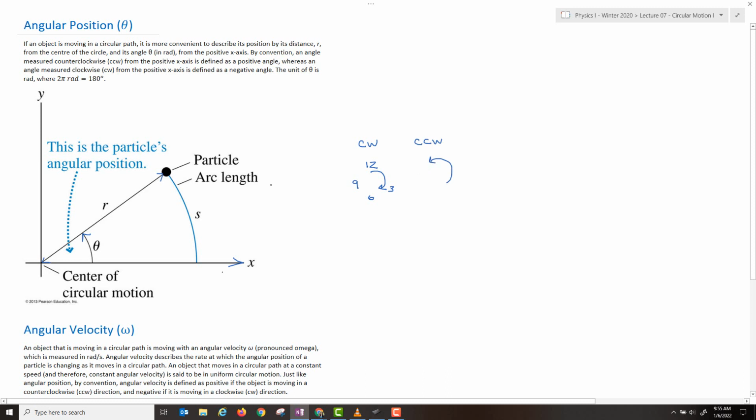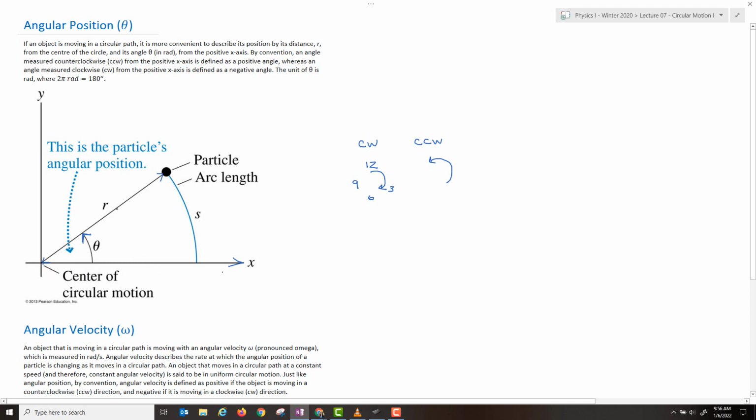By convention, counterclockwise is the positive direction. So this direction that's in the figure right now, that's the counterclockwise direction. That would be a positive theta. If our line was in this direction over here, that would be clockwise, so that would be a negative theta.